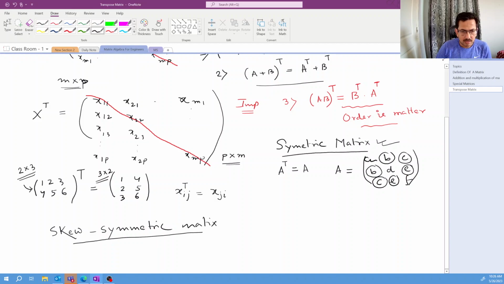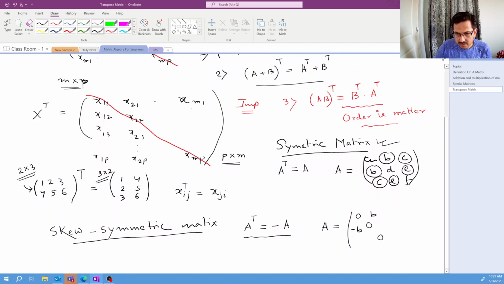Here the property says that A transpose equals minus A. So what does it mean if our matrix looks like this? If negative zero is happening, that means all the diagonal elements definitely have to be 0. And the other elements will be negatives. Only then, when you do the transpose, you will get back the same one.